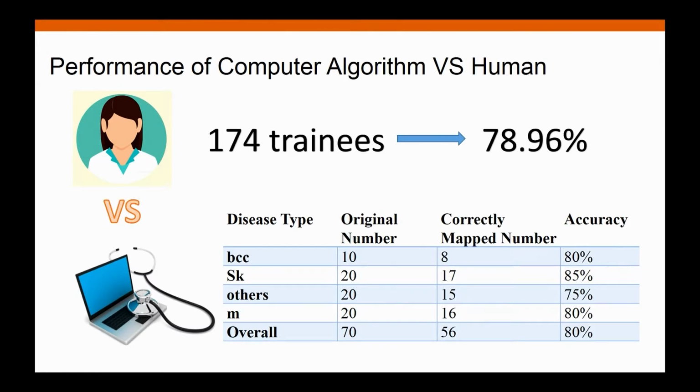For human performance, we have 174 trainees who have experience in dermatological diagnosis, and they have an average accuracy of 78.96%. And our computer algorithm has an overall accuracy of 80%. So we can see that the computer algorithm actually did a little bit better than humans.